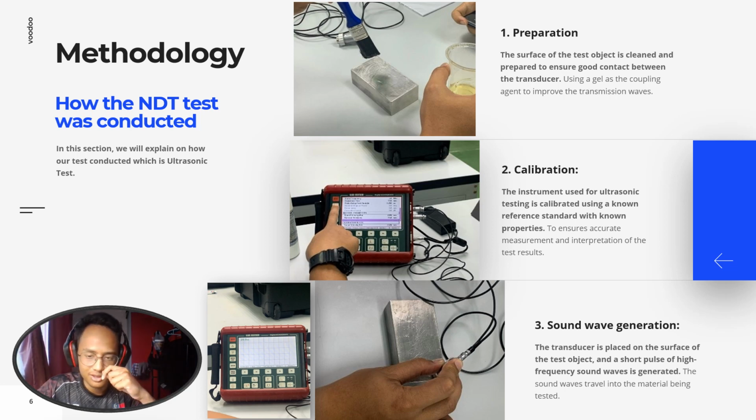Third, sound wave generation. While the transducer is placed on the surface of the test object, a short pulse of a high frequency wave is generated. The sound waves travel through the material being tested.